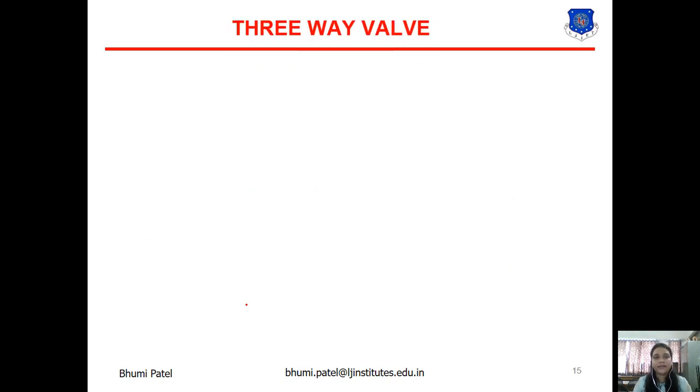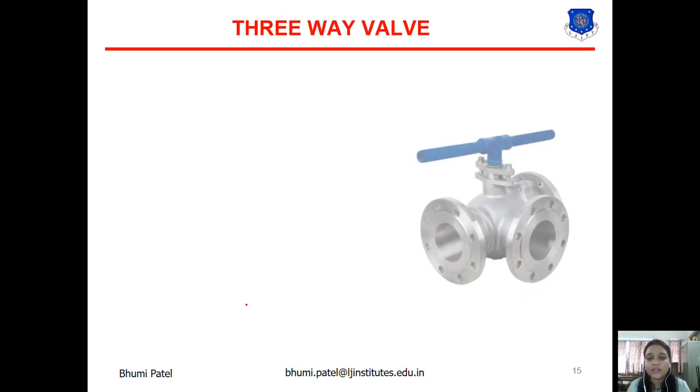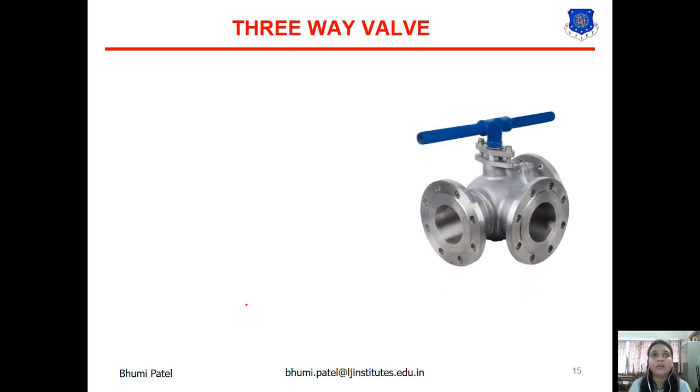Now the next valve is the three-way control valve. What is the difference between single seated, double seated and three-way? Here you can see the valve picture of the three-way control valve.